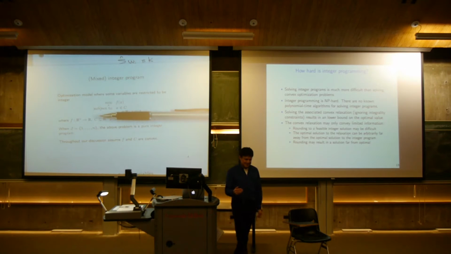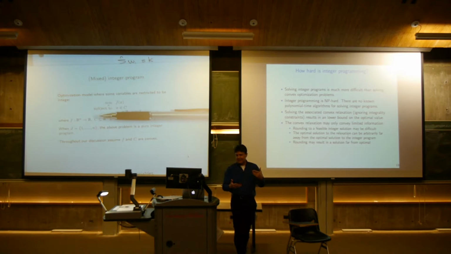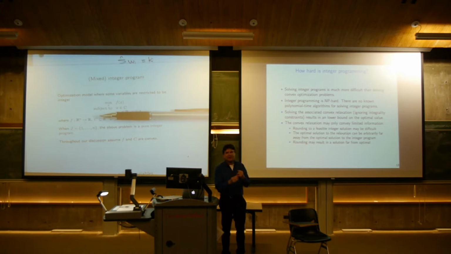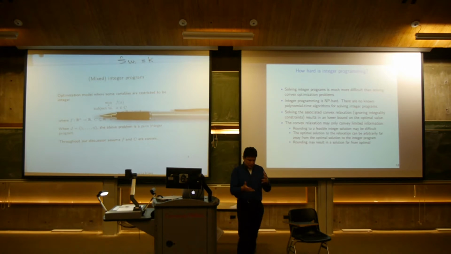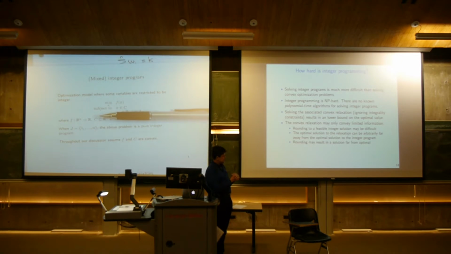If we take the convex relaxation and then just naively attempt to round the answer, first of all, rounding may not be that straightforward. And second of all, even if we can round and produce an integer solution, the solution may be highly suboptimal. Those are the kinds of difficulties that we face.